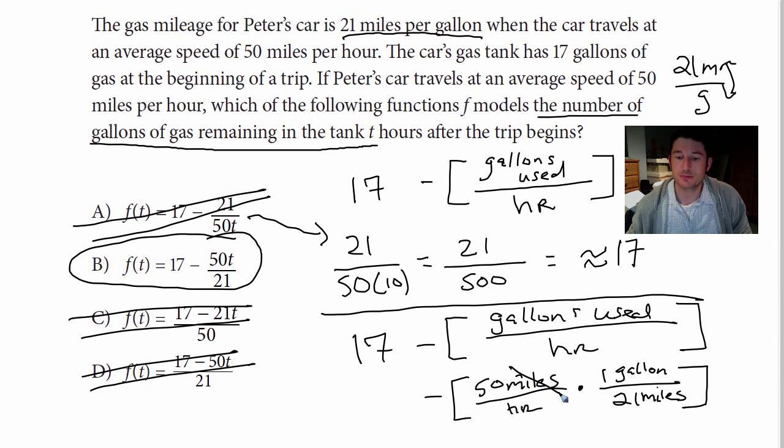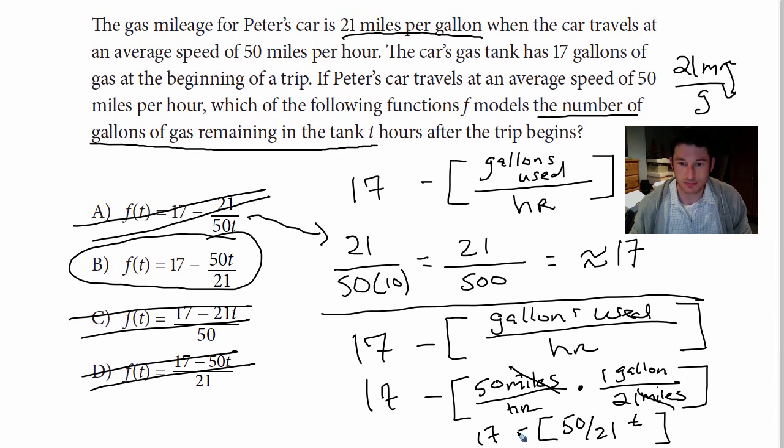So look what happens. Miles over miles cancels out, and now we have gallons over hours, which is going to turn out to be 50 over 21. And we can add our time in there, which was T. So that's going to be 17 minus. That's another way to get to choice B.